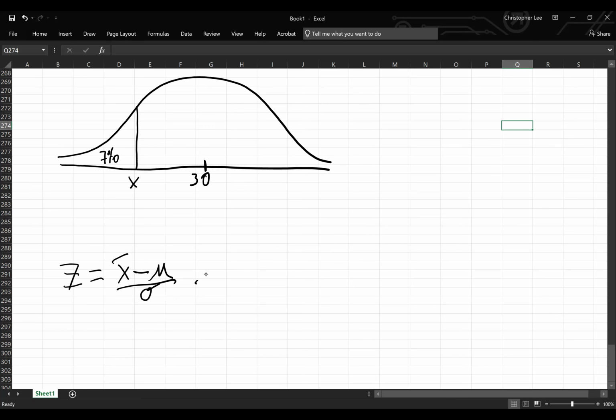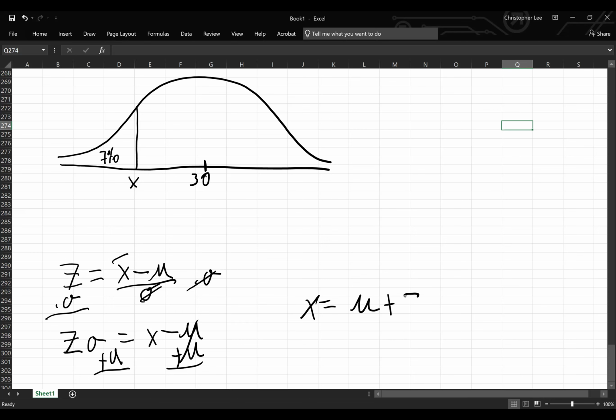So I'm gonna multiply this by sigma. I do to one side, do to the other. So now I have z sigma is equal to x minus the mean mu, then add mu. So we get x is equal to mu plus z sigma. This is your raw score formula.